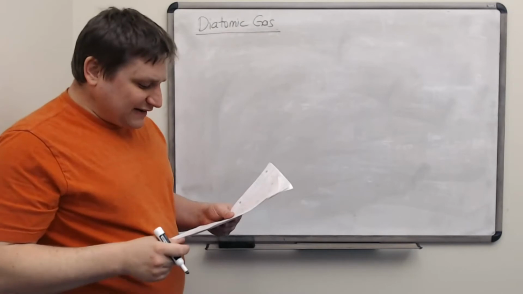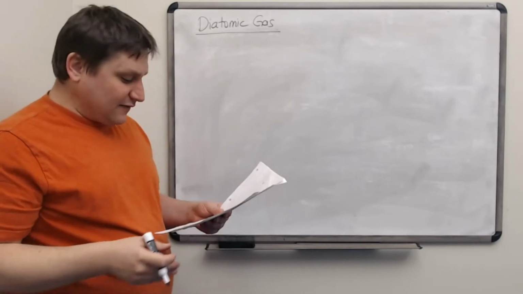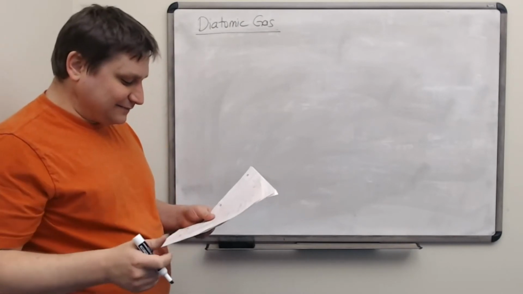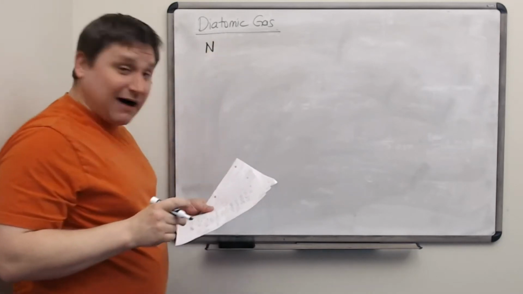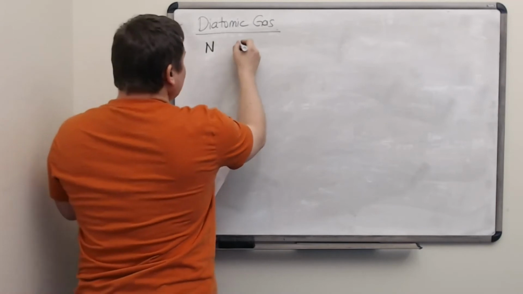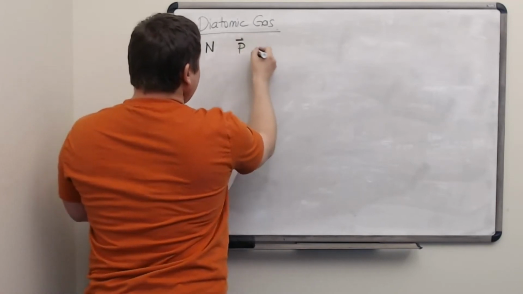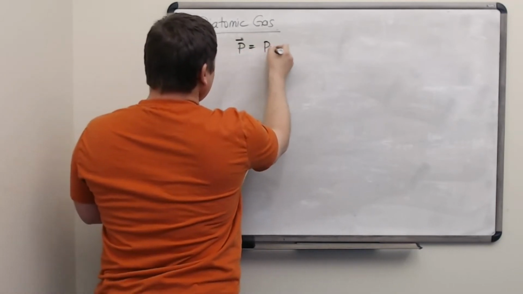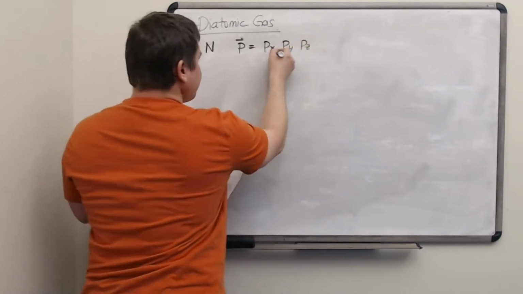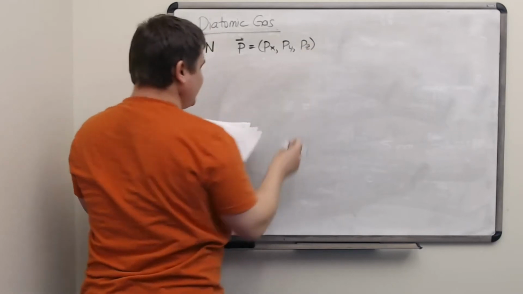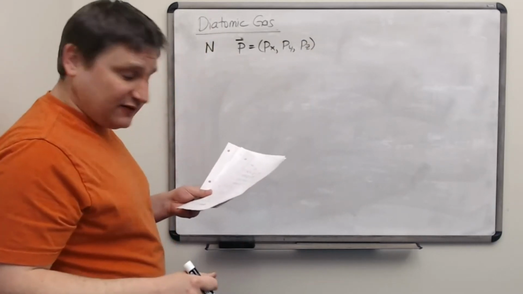So how do we specify the microstate for the ideal diatomic gas? Well, we have N molecules. For each molecule, we specify a center of mass momentum, px, py, pz. Three-dimensional vector, continuous variables.